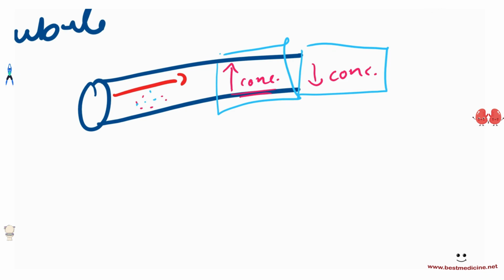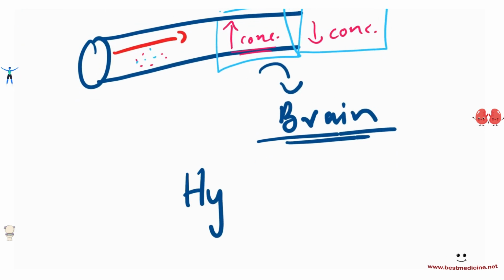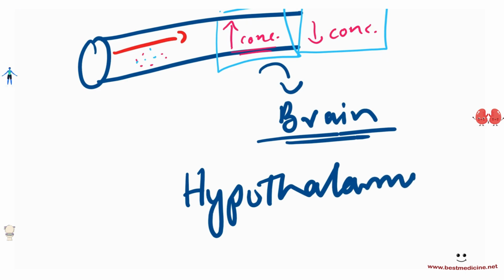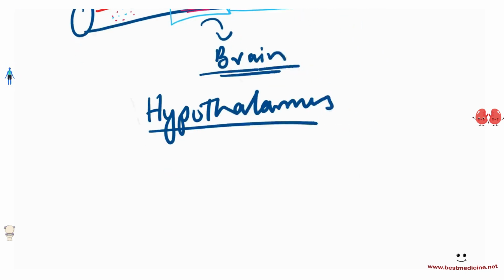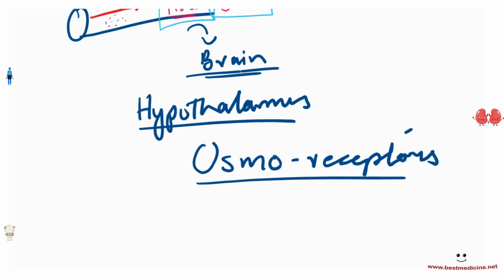Now, both of these will be detected by the hypothalamus, right? So the blood is going to go into the hypothalamus in the brain, and the hypothalamus has osmoreceptors. Osmo means osmolarity or concentration, receptors. And these osmoreceptors are going to detect the concentration of the blood.